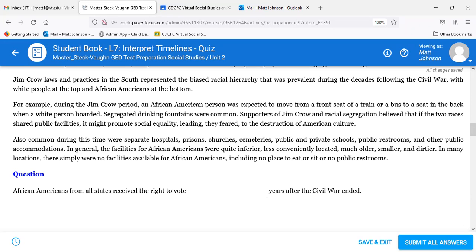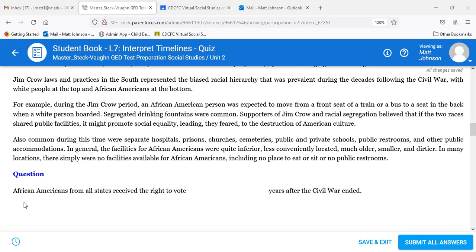In many locations, there simply were no facilities available for African Americans, including no place to eat or sit, or no public restrooms.